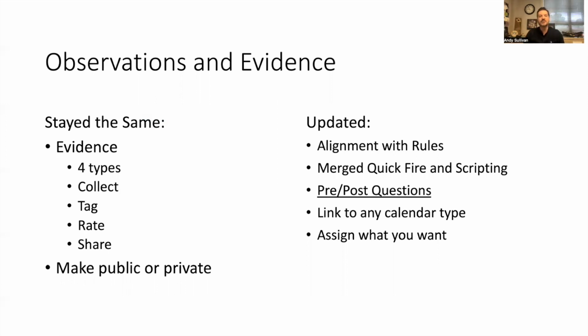We've also merged the quickfire and scripting option, updated all our pre and post questions so that they align with the appropriate rubric. And no longer is everyone answering the same pre and post questions, but instead they align specifically to the rubric that you are observing. And we have also decreased the number.